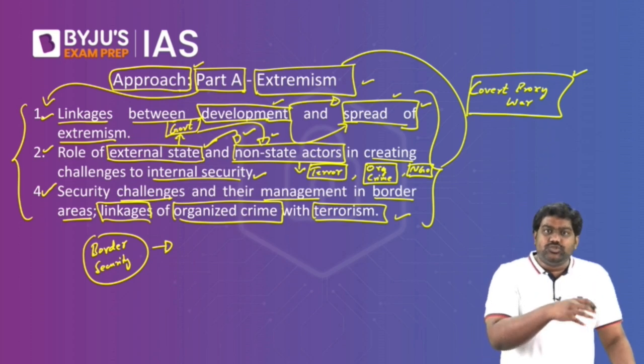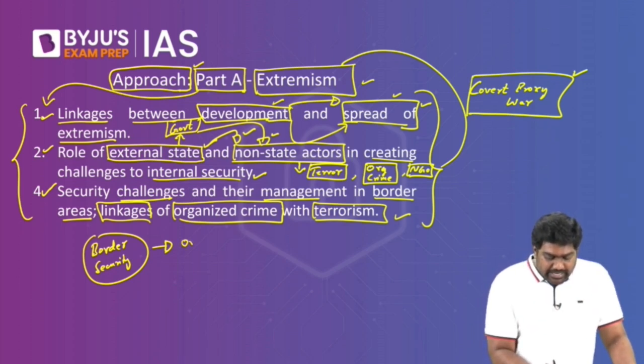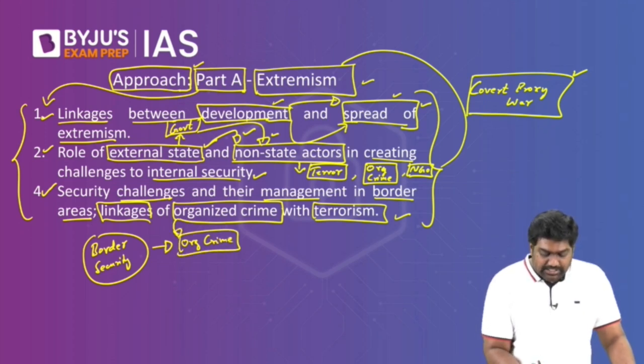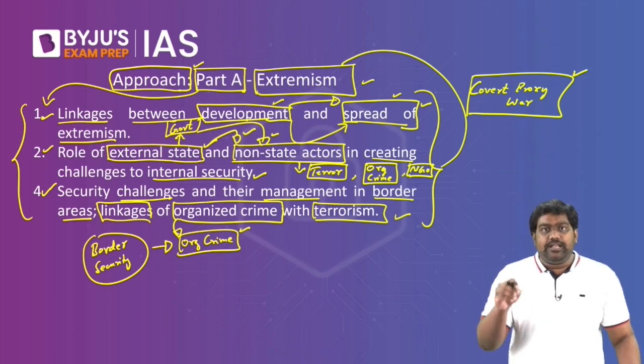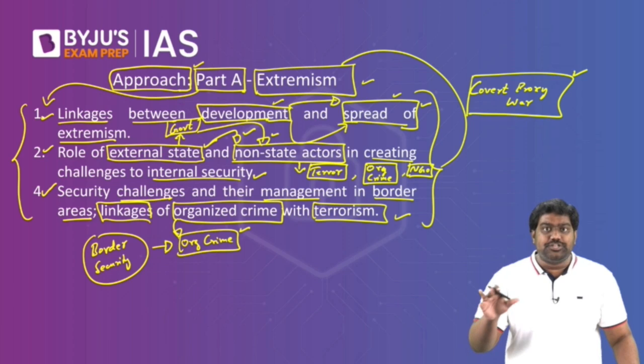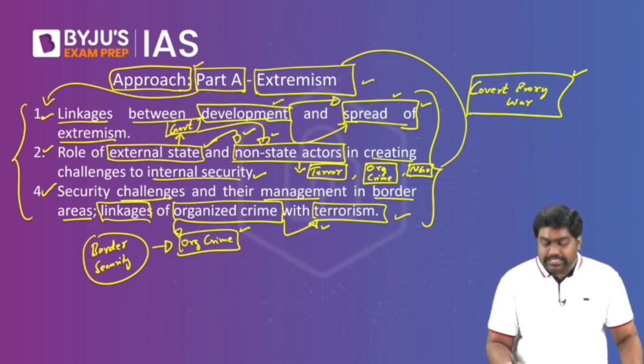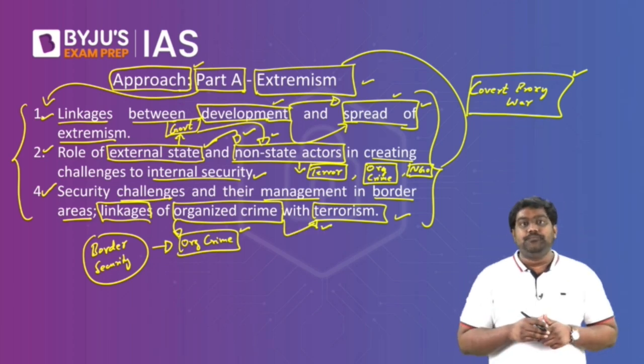Because if border security is not effective, it will enable cross-border crime, especially organized criminal activities like drug trafficking, arms trafficking, etc. And wherever smuggling and trafficking flourishes, you will find that terrorism and insurgency will also flourish.